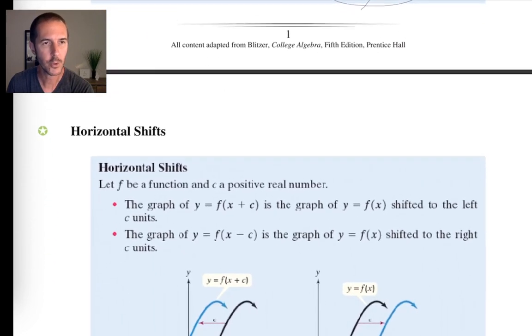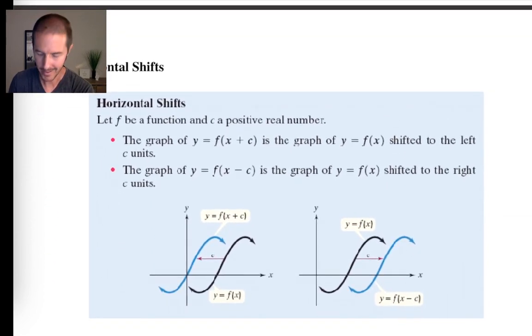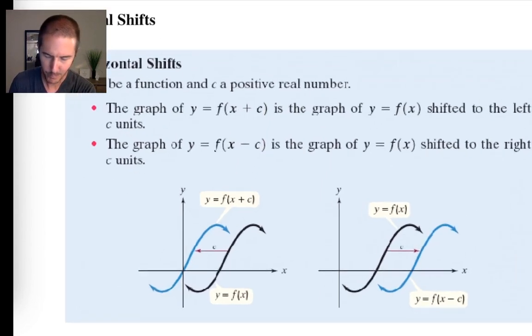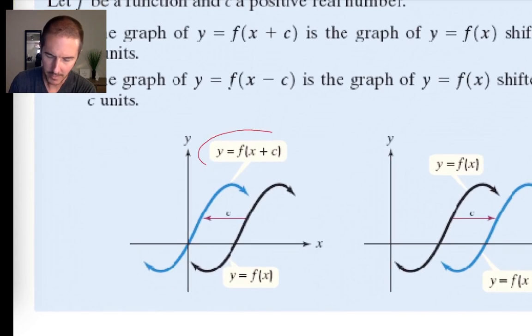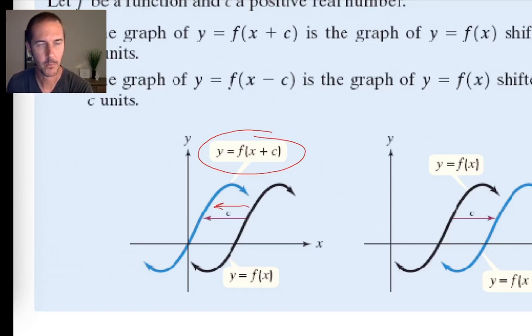A horizontal shift is caused by adding or subtracting a value to the inside of your function. Notice that those plus and minus c values are happening inside the parentheses or inside the function. And a tricky part about these is, let's have a look at this first graph. This says f of x plus c, but notice that our original graph has moved to the left a distance of c.